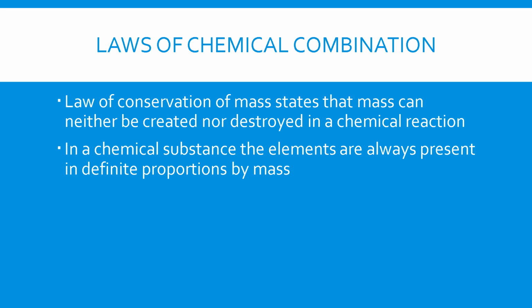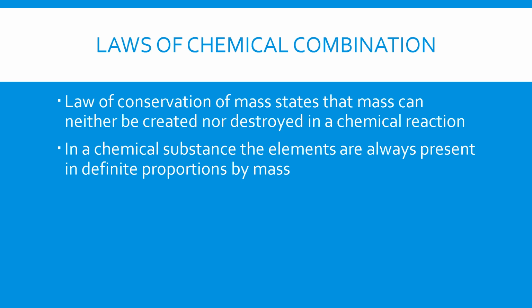For example, whichever source the water is obtained from, whether river, lake, pond, ocean, sea, groundwater or rainwater, he observed that the ratio of the mass of hydrogen to the mass of oxygen is always 1:8.